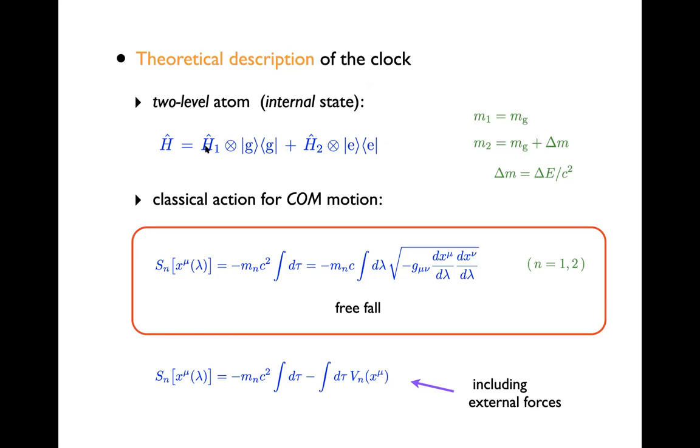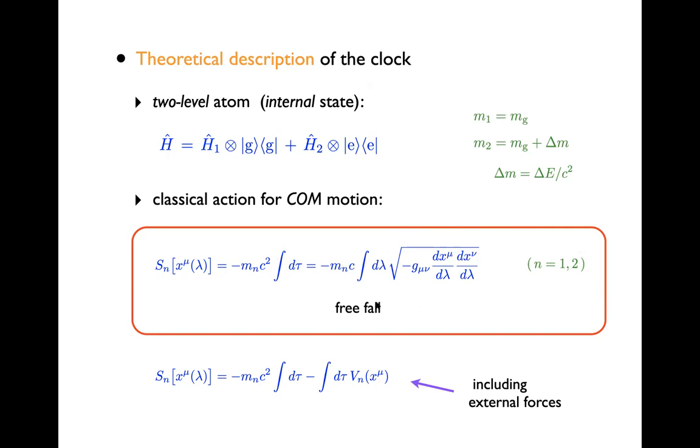These Hamiltonians are the operators that encode the dynamics of a relativistic particle with mass m_n, where n can be 1 or 2 for the different internal states. This is the dynamics of a relativistic particle whose classical action would just be given by this quantity here, the action if you are in free fall, with no external forces acting.